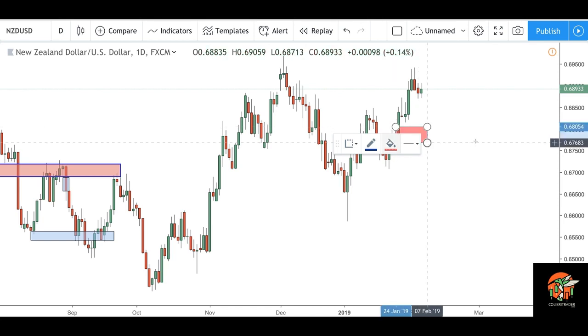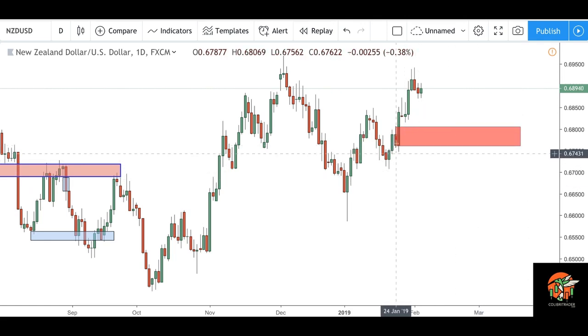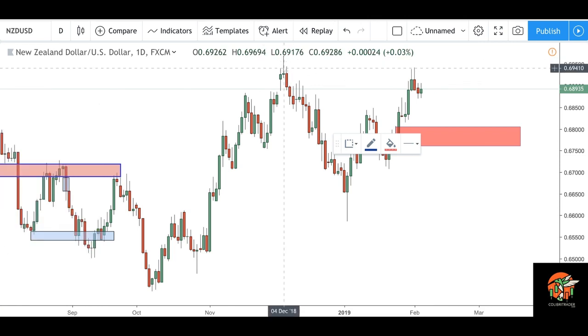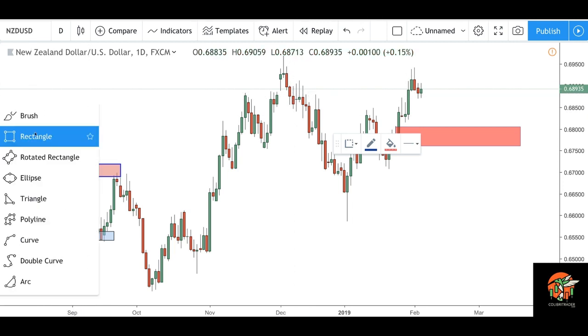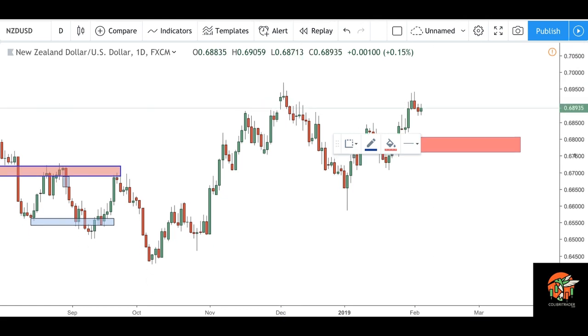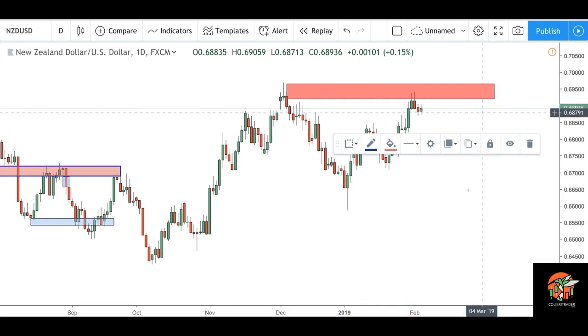First, we have this demand zone here, which formed a couple of sessions ago, and we also have the major supply area here, and we can currently see that the price is just playing with this area, and I will continue monitoring for further indication. If, let's say, the price goes above this level, then I'll be more eager to start thinking of possibly selling the Kiwi US dollar.